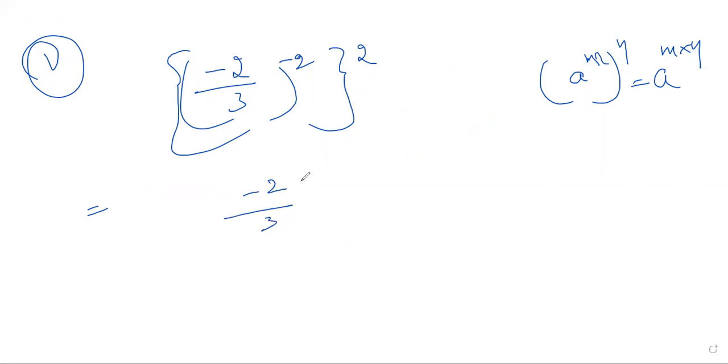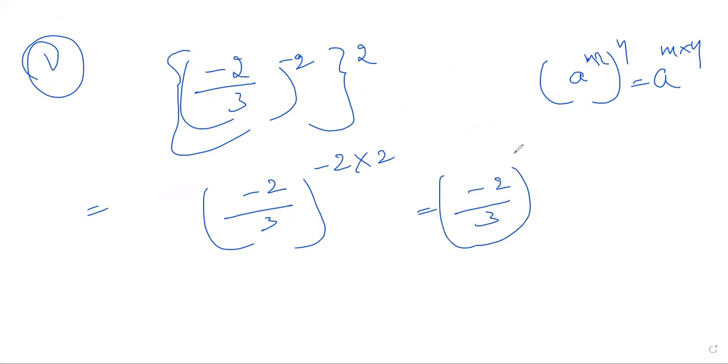Write this as minus 2 into 2, that is whole to the power of minus 4. Since the exponent is negative, just change the numerator and denominator. It becomes 3 by minus 2 whole to the power of 4.